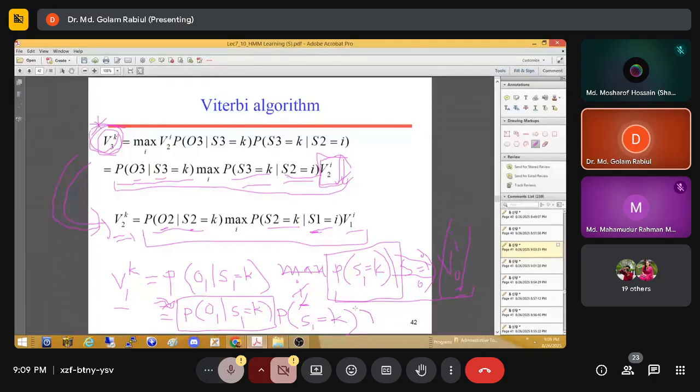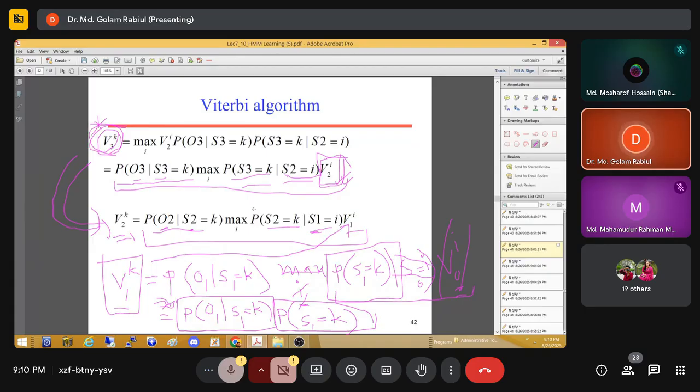And this is actually our initial probability, that is the probability of state 1 equal K. So from the model, we know the initial probability and the emission probability. As we know both of these probabilities, we can find out V1 of K. If we know V1 of K, then we can put the value of V1 of K here.